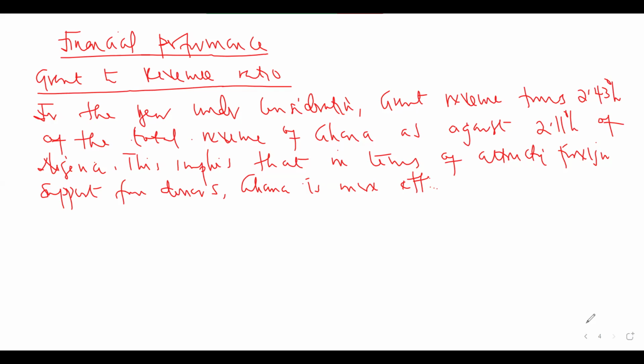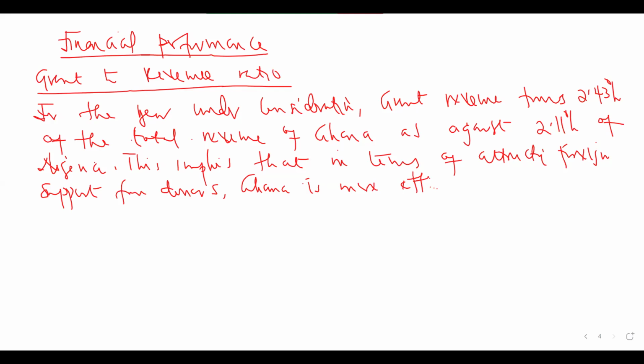The grant to revenue ratio of Ghana is 2.43 against Nigeria. This means that grants form 2.43% of the total revenue of Ghana and 2.11% for Nigeria.